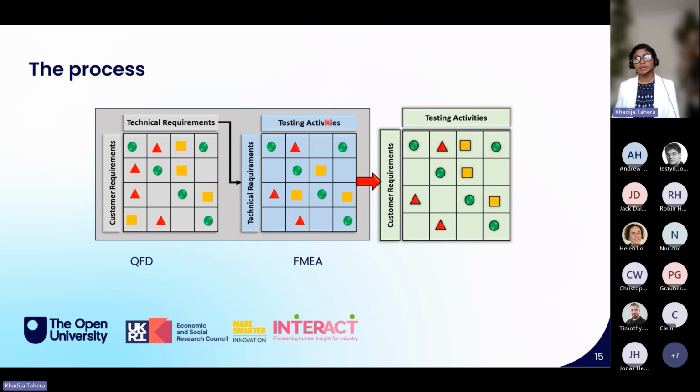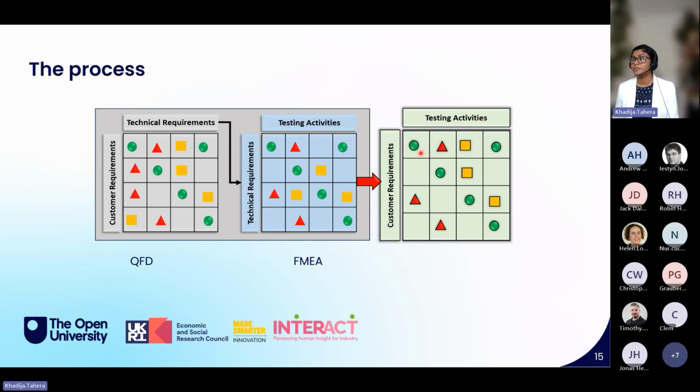So I need a simpler way of telling that, and this tool will help us to do that. It will map customer requirements with the testing activities. In that way, with the support of this tool, we will be able to see how customer requirements are mapped with the testing activities.